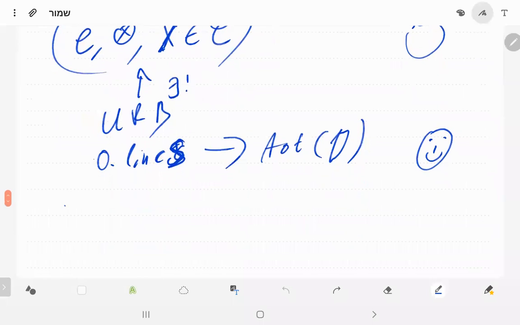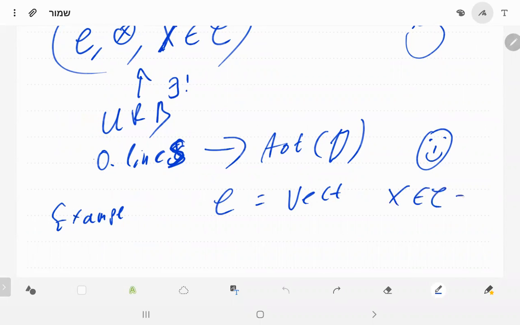So for example, C is equal to Vect over C, and x in C is equal to some specific vector space.